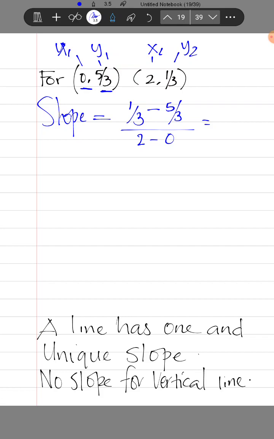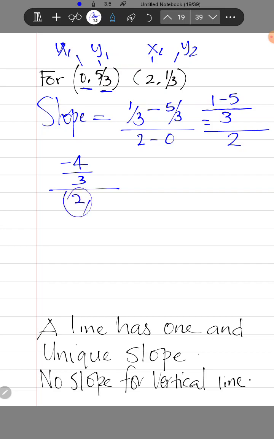In our understanding numbers lesson, we have some fraction additions. When these two fractions have the same denominator, we can simply operate on the numerators. So here 1 minus 5 divided by 3, divided by 2, which is minus 4 divided by 3, divided by 2.